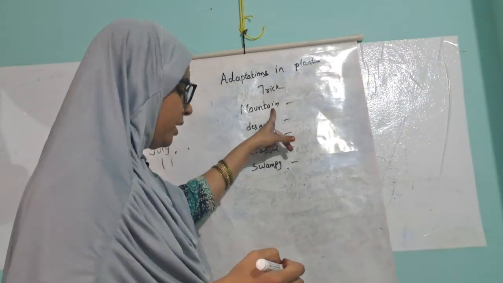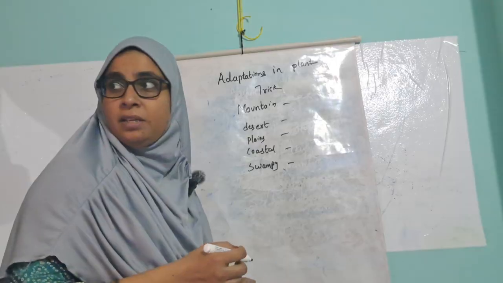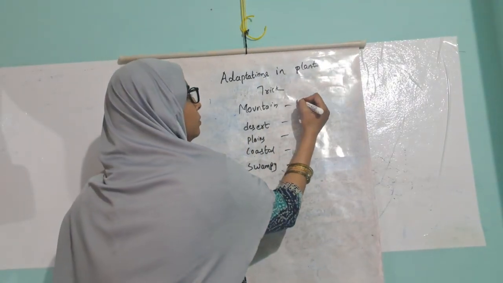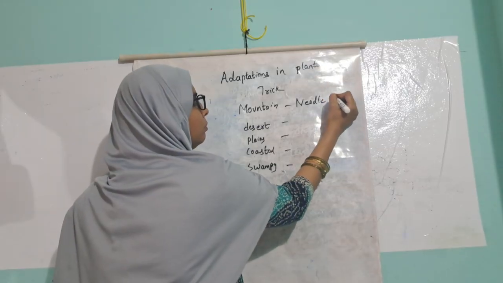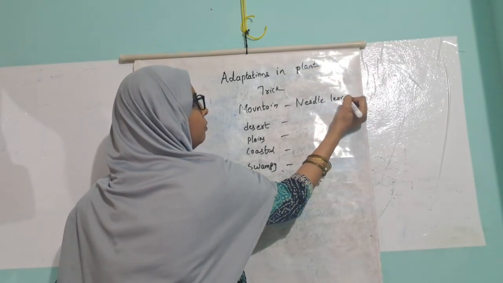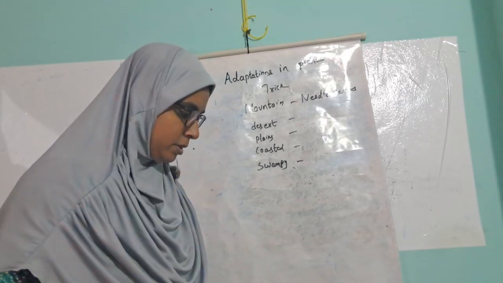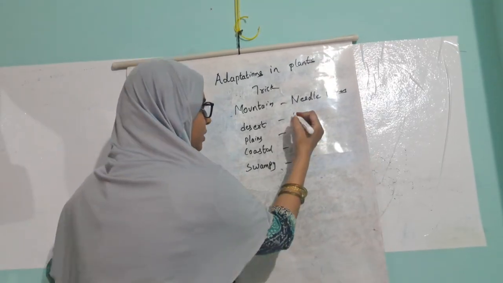In mountain areas, needle-like leaves. Desert areas, spines, thick leaves.